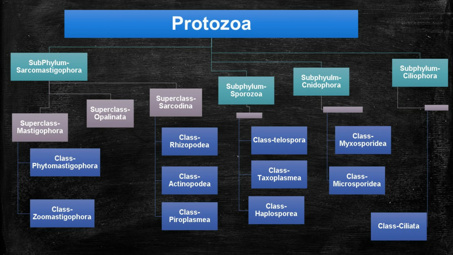Now we'll go ahead to subphylum Sporozoa. They are endoparasites and infect animals. They have a simple body with locomotory organelles in gametes, and the organelles will be cilia or flagella.